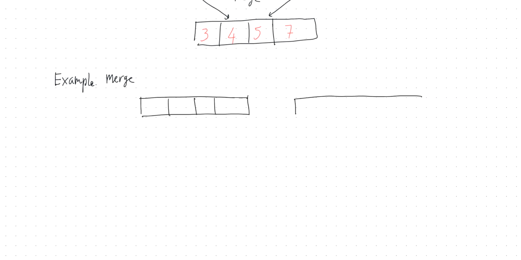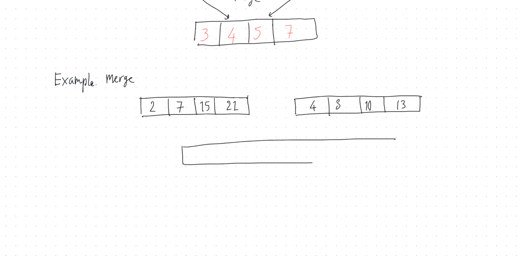We want to merge them into one array of size 8 that is sorted. So let's say the first array is 2, 7, 15, 21. And the second array is 4, 8, 10, 13. And we want to merge them into an array of size 8 that is sorted entirely.